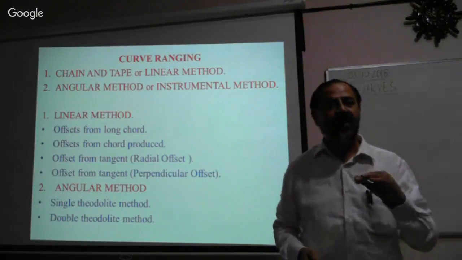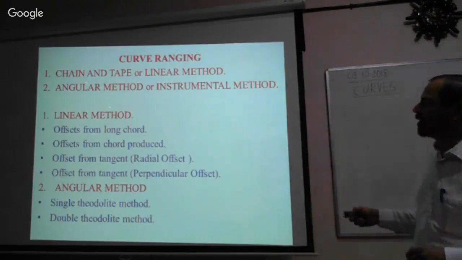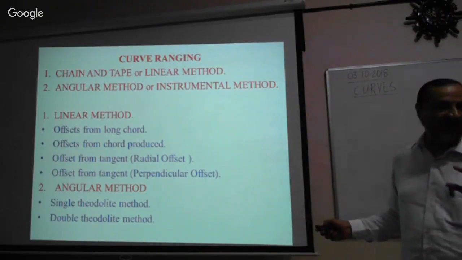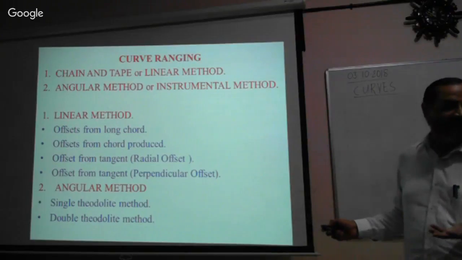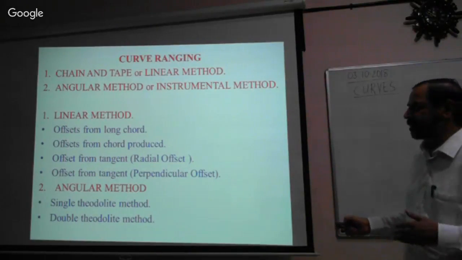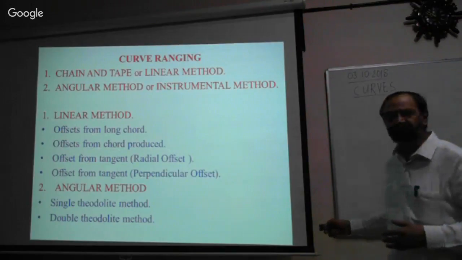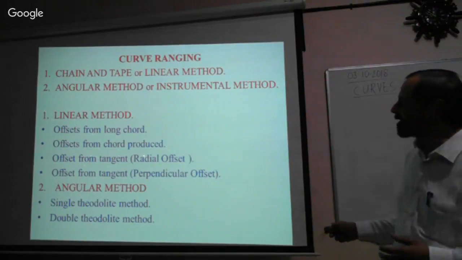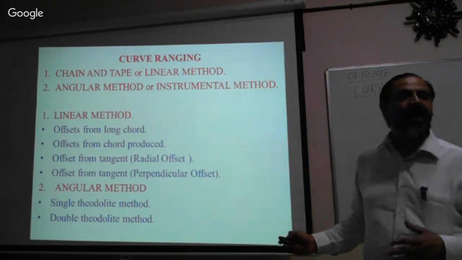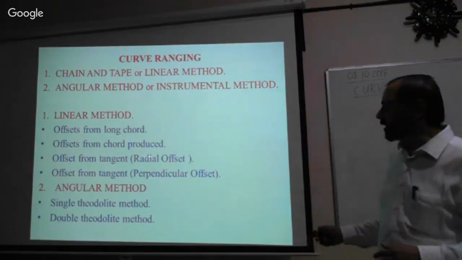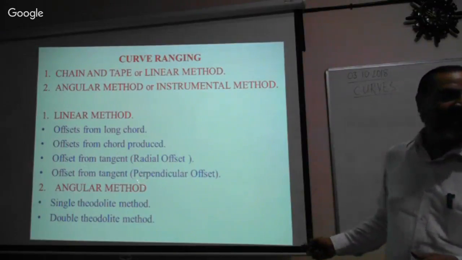Now there are offsets from the long chord. I already told you what offsets are, and how many offsets we can write we will discuss in the next course. There are offsets from the long chord, offsets from the chords produced, and offsets from the tangent, which are radial offsets and perpendicular offsets.